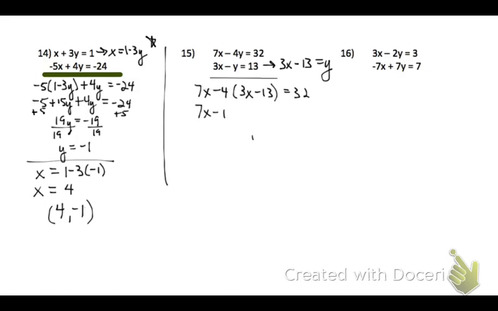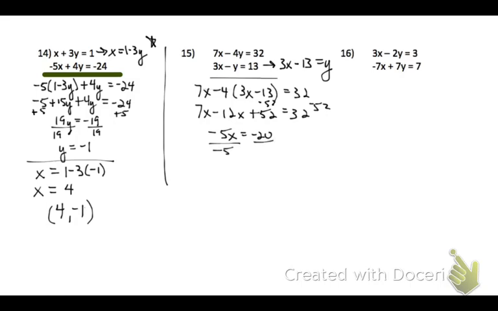Now I'll just do the math to solve for x. So on this side I'll have negative 5x, and then if I subtract 52 I'll have negative 20.